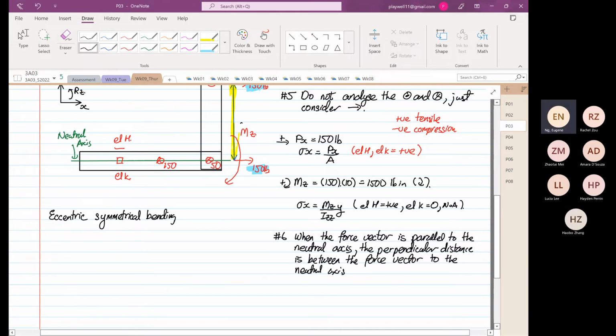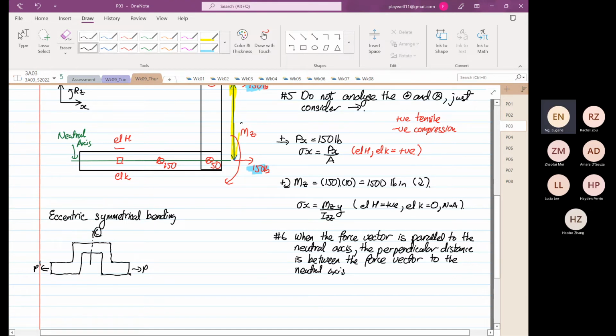So we have a structure looking like this, and then we have a coupled load, and failure will occur at point C.